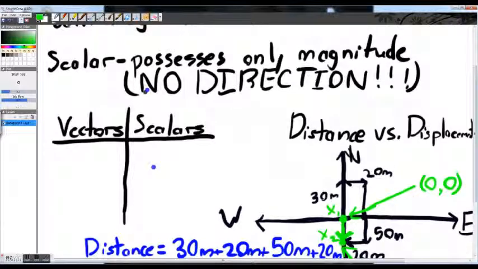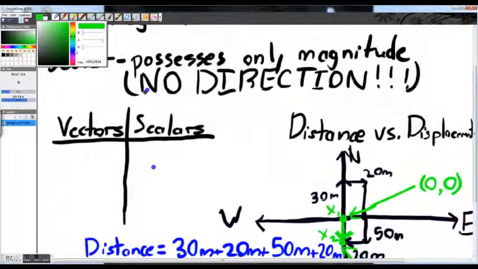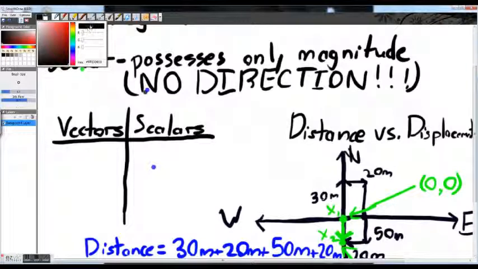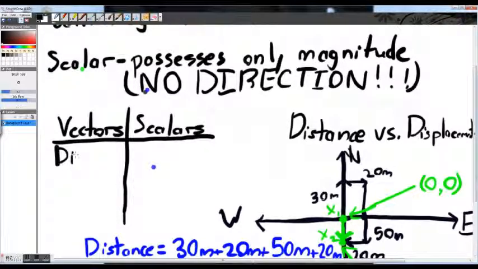There. Vector. First vector is displacement. Our first scalar is distance. So that's going to be the difference between distance and displacement.